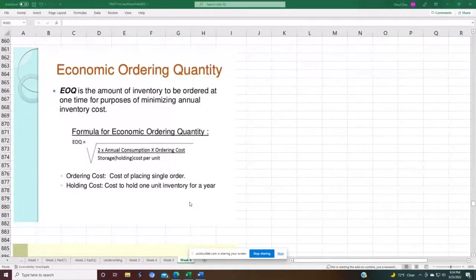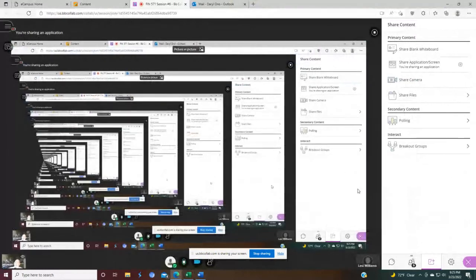So it's ordering cost per order divided by the carrying cost per unit.